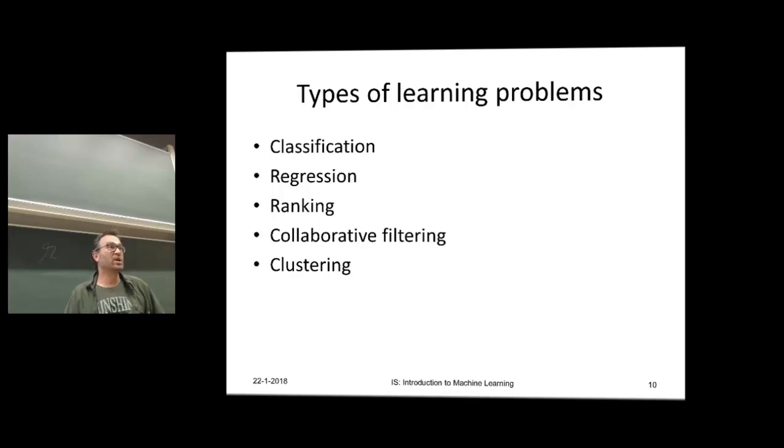Regression is that you want to learn a function that describes values of the individuals. Ranking is simply: you have two instances, which one is better. Collaborative filtering is: give me some information about previous experiences and make suggestions of new things. And clustering, as I said, is the only non-supervised approach here. But that's now on the problem side.